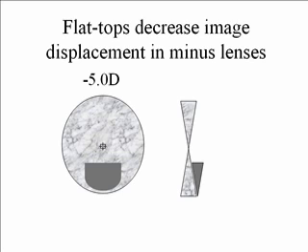And again, to reinforce this point, I think for the last time, the reduced image jump is an added benefit, but it is not the criterion that we are going to use to decide which sort of bifocal add we are going to prescribe.